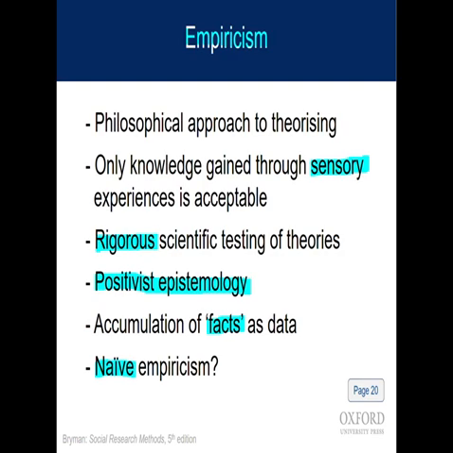Positivist is a term that refers to scientific methods being applied to human beings. Positivism is the view that you can learn about human beings by studying them using the same methods that you use to study plants and animals, take whatever science you like: physics, chemistry, biology, astronomy, the physical sciences, geology.